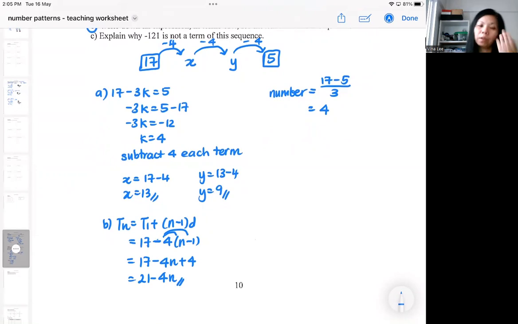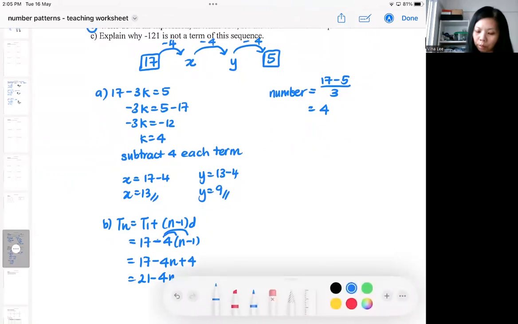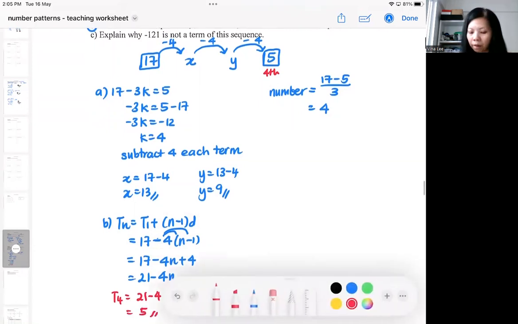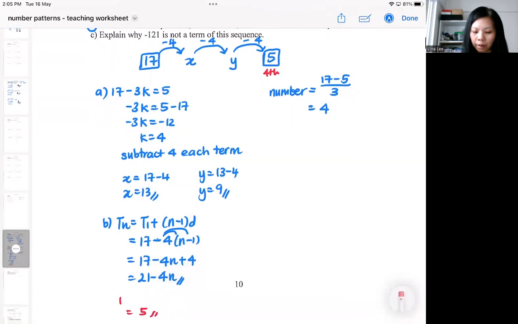Again, you can check whether your general formula is correct or not. Maybe if you want to, you can check. This is the fourth term. So if n is equal to 4, will you get a 5? If you can get a 5, that means the general formula is correct.